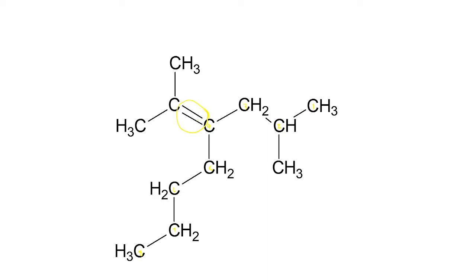So in that, we cannot consider it. We cannot consider this longest chain as our parent chain due to the presence of the double bond. So in that, we can actually start from the methyl groups. It can be this one, start from here or here, simply because we need to include the double bond.